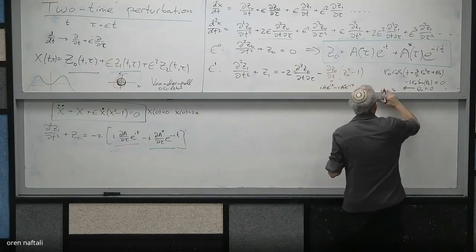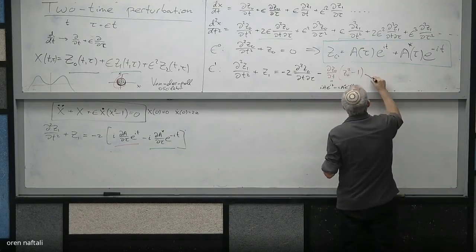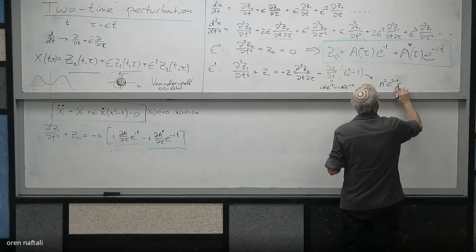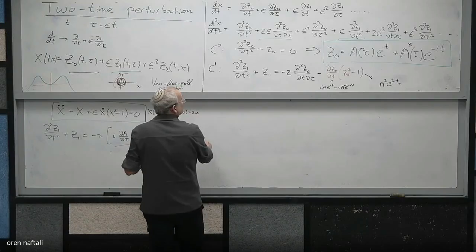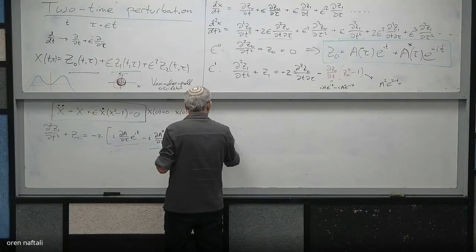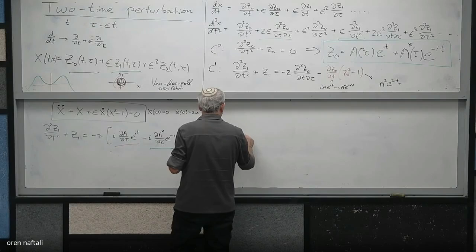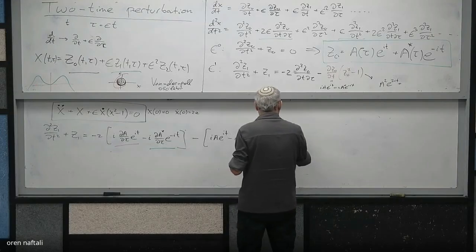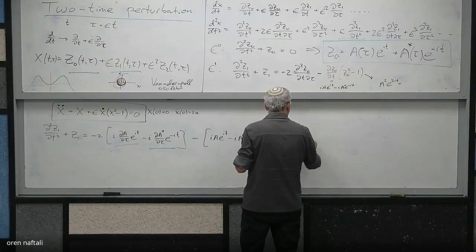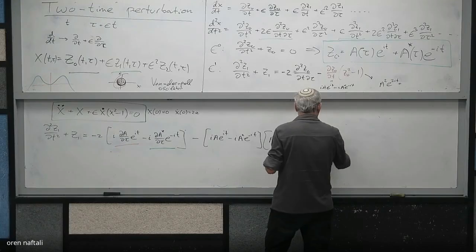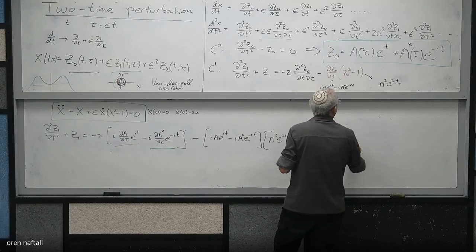And this is z naught squared minus 1. This is a squared e to the 2it plus 2|a|^2 plus a star squared e to the minus 2it minus 1. Overall I have a minus here, and now I have (iA e to the it minus iA star e to the minus it) times (a squared e to the 2it plus 2|a|^2 plus a star squared e to the minus 2it minus 1).